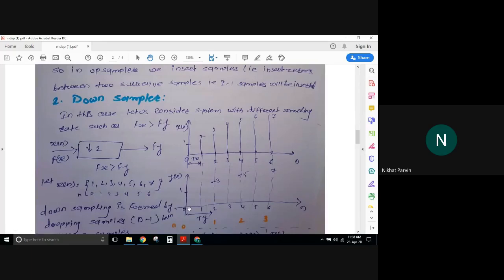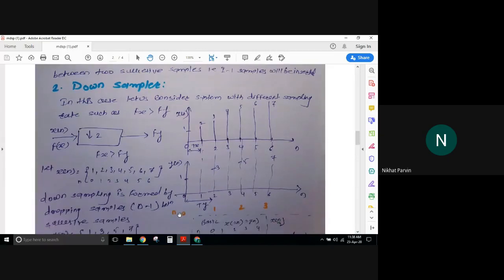The same thing I have copy pasted here, 0 to 6. But now the new interval of time at which these samples occur, which I have written with the orange pen, is n equals 0, 1, 2, 3. Earlier you had 0 to 6. Now my output sequence is from 0 to 3 only. Only 4 samples.